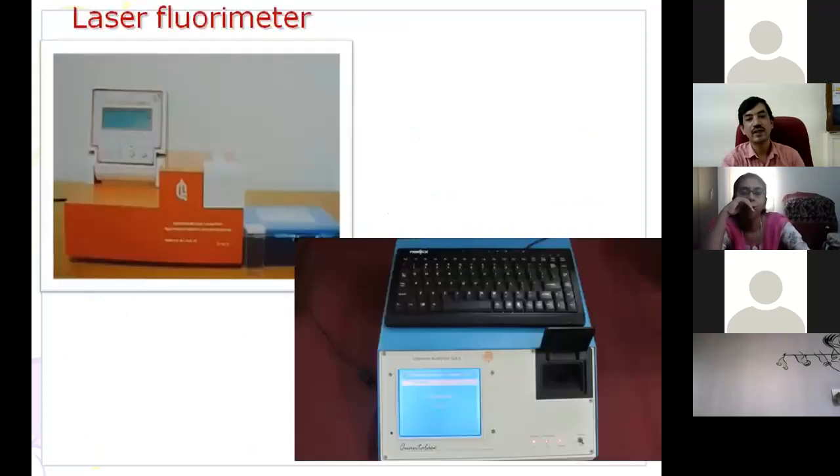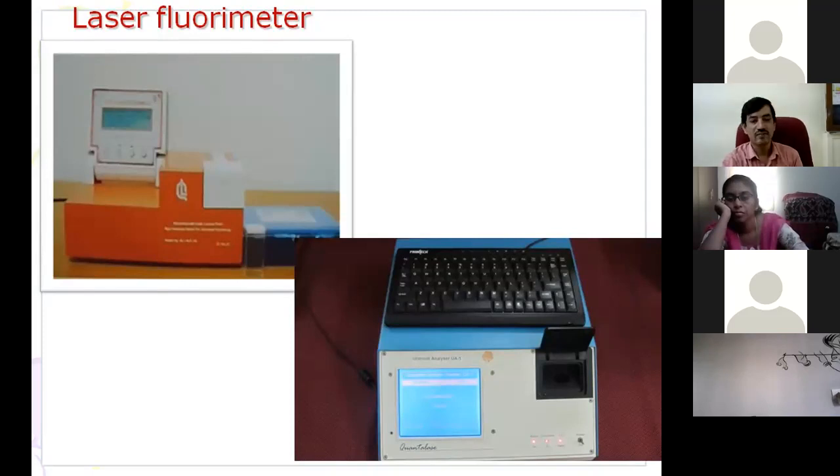It is manufactured by Quanta Laser company. They were earlier making laser fluorimeter, and after that, nowadays they are selling the LED fluorimeter. This company is the sole manufacturer of these devices in our country. It will cost about 10 lakh rupees.